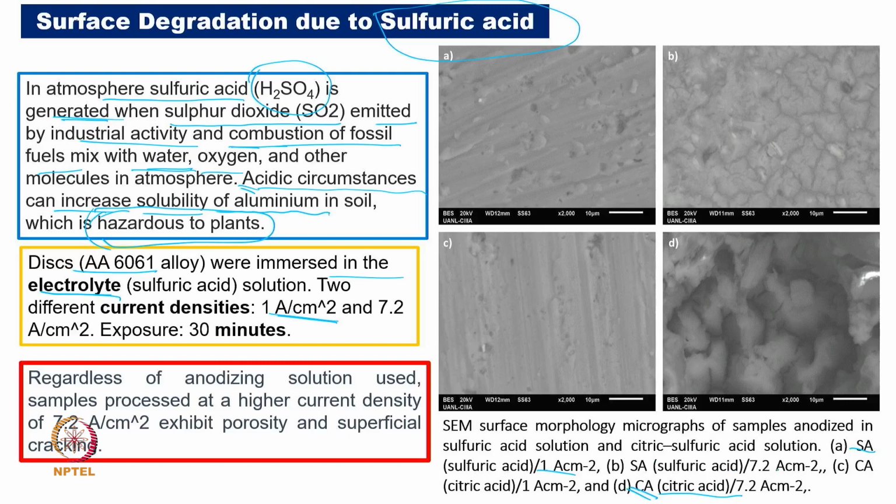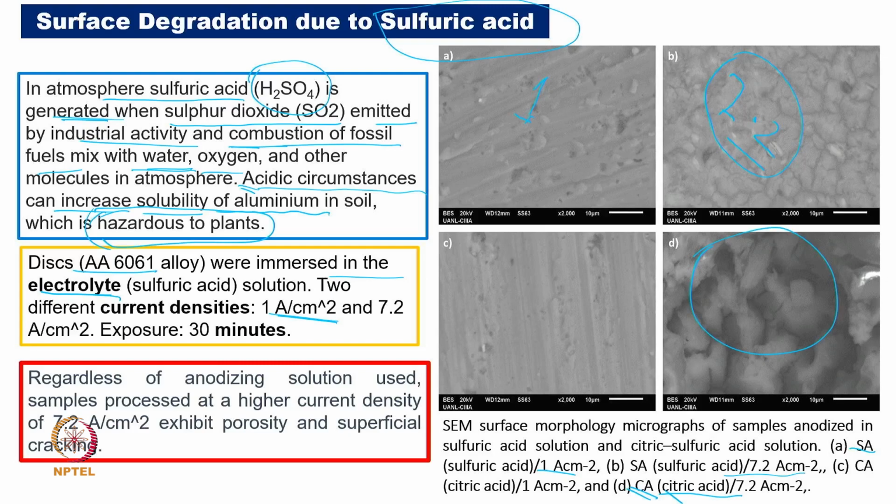B used a higher current density of 7.2. Even with the same concentration, same operating temperature, and same time, increasing the current density is really affecting. So, 7.2 is causing more damage, and fortunately or unfortunately, citric acid is showing a more dominating effect compared to the sulfuric acid.